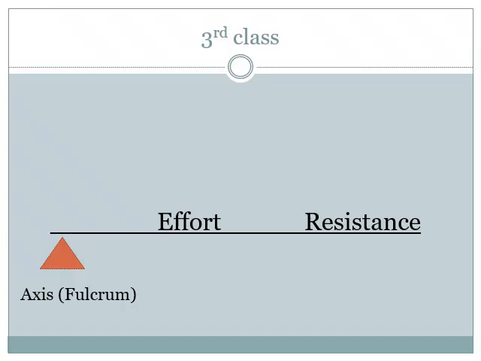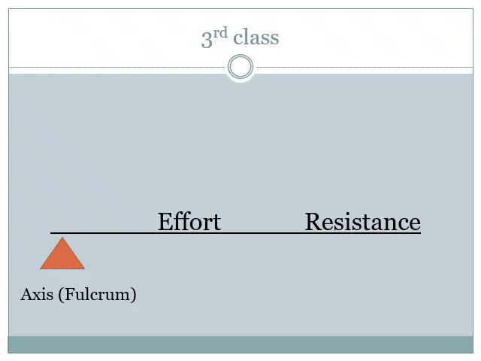In the case of a third class lever, the mechanical advantage is always less than 1, okay? In the case of a second class lever, the force required is smaller than the resistive force. In a third class lever, the force required has to be greater than the resistance force in order to create movement, okay? So that's going to be an important point.